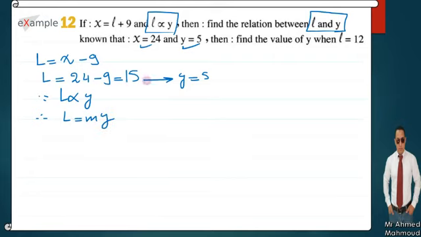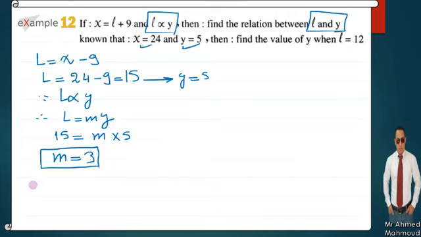I will put L equal 15 and y equal 5, so 15 equals m times 5. So m equals 15 divided by 5 equals 3. M equals 3. Therefore the relation between L and y is L equals 3y. This is the relation between L and y.